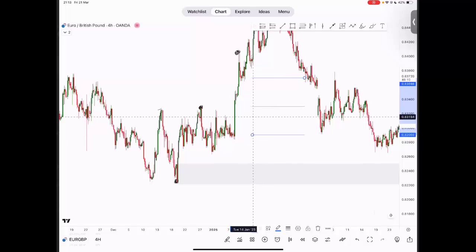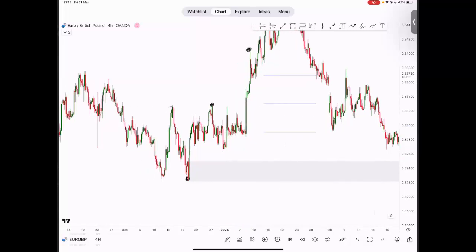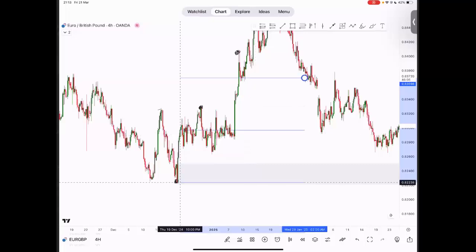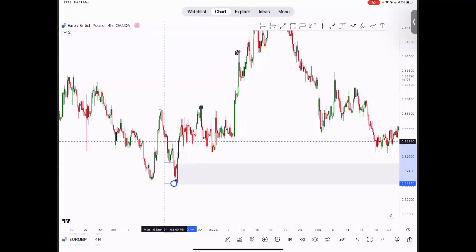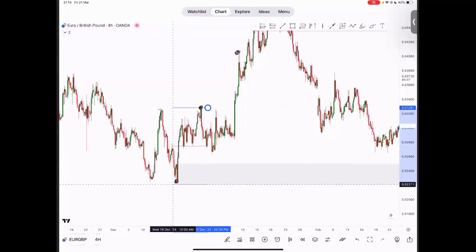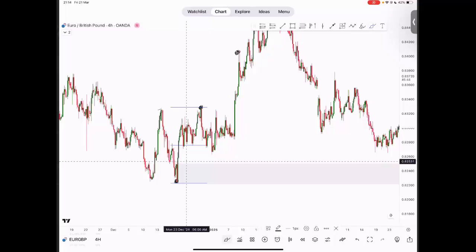You go to your Fibonacci tool, and you drag it from the higher low towards the new higher high that was created at this point. So you're dragging from your higher low to your higher high. And then you must ensure that your demand zone is found in the discount.